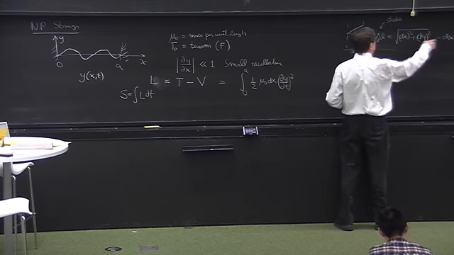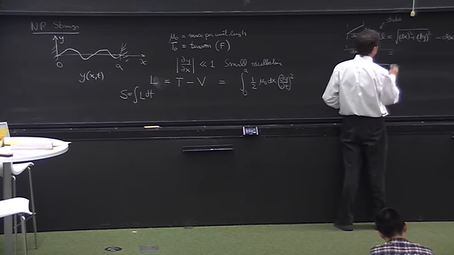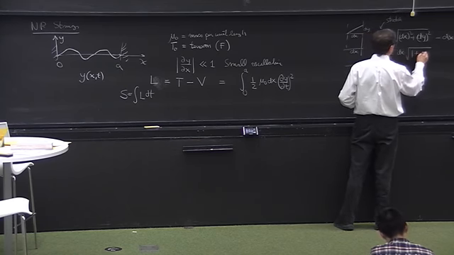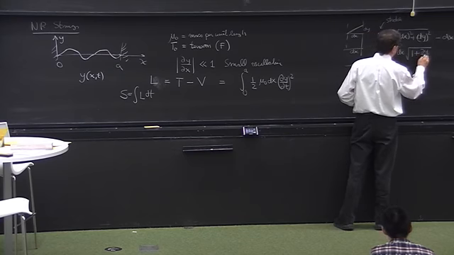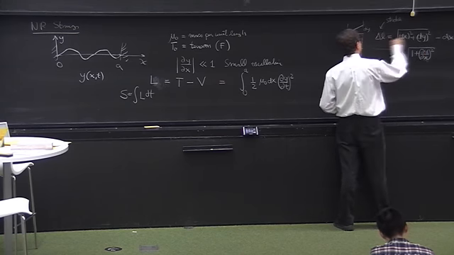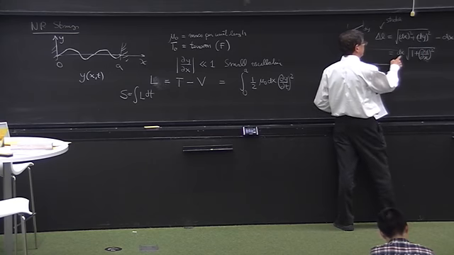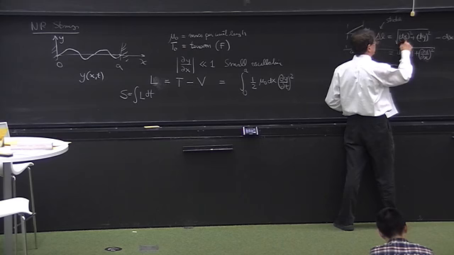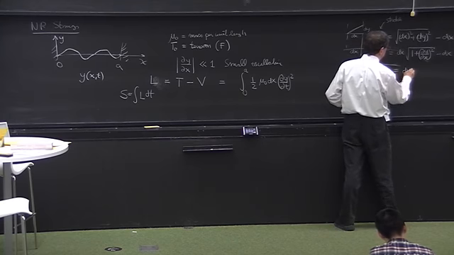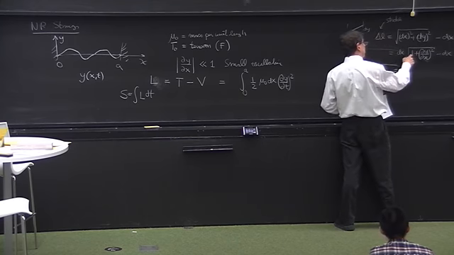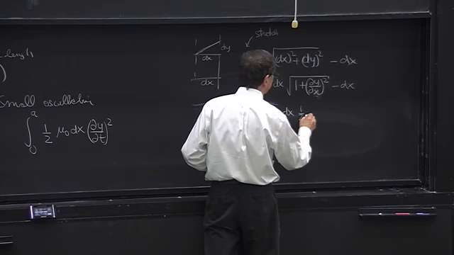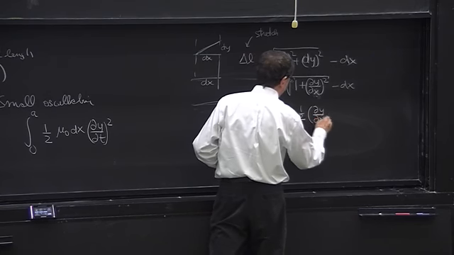If you factor the dx and expand a little bit, you get dx times the square root of 1 plus, this is really the partial derivative, (dy/dx) squared, because time is not a matter here. You're seeing how it varies with respect to x, minus dx, and to first approximation, since you assume this thing is small, you get dx times 1/2 (dy/dx) squared.